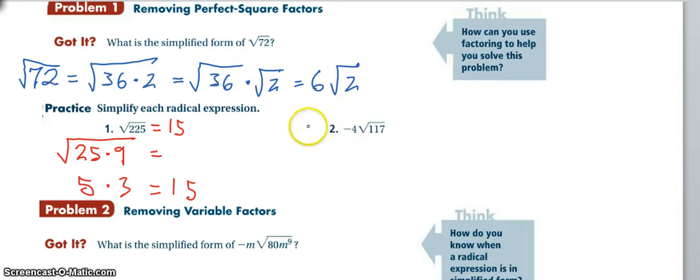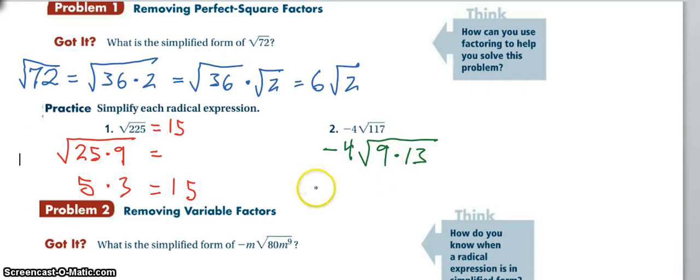Simplify number 2. Pause the video and do that if you have not yet. So if you think through the factors that could multiply to give us 117, our first perfect square is 9 times 13. Then when we break these up, we'll have negative 4 on the outside times radical 9 times radical 13. And radical 9 can be reduced to a 3.